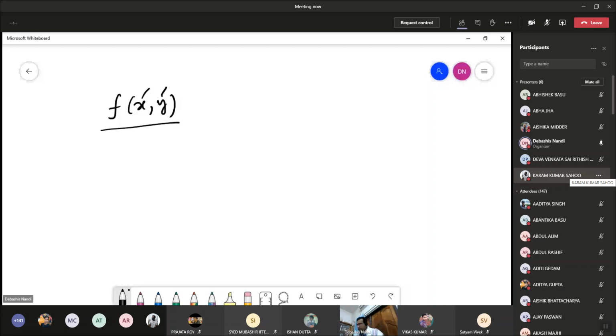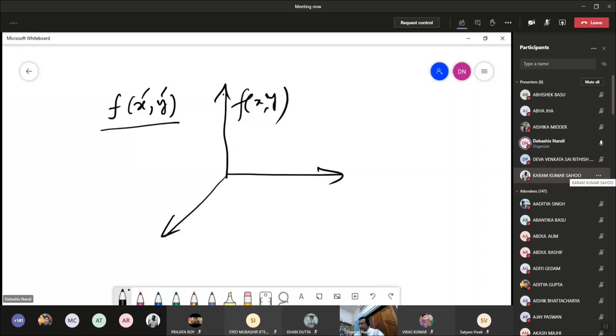Then this f(x,y) is a two-dimensional signal. It is difficult to draw a two-dimensional signal here in the plane. But what we can do is draw the axes like this. This is f(x,y), and this is x, this is y. Then you can plot the signal.